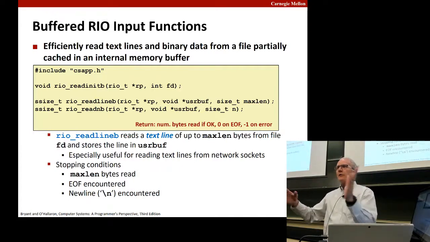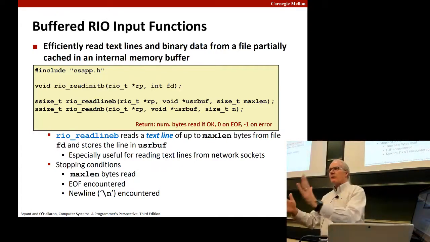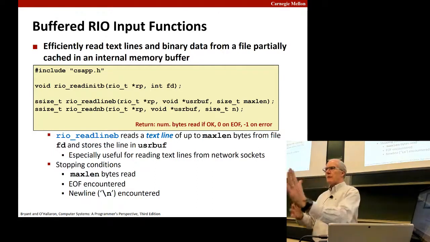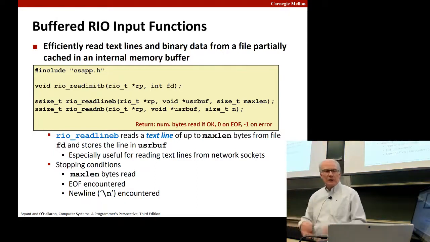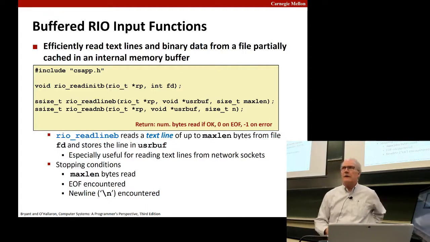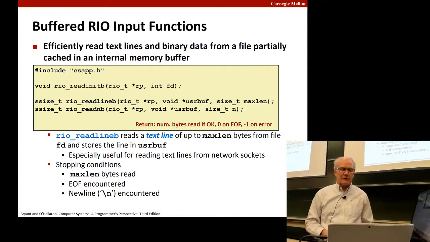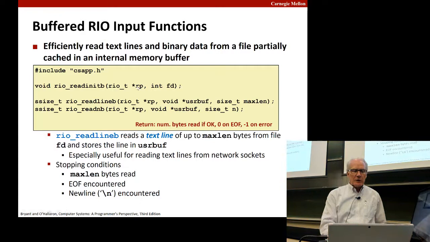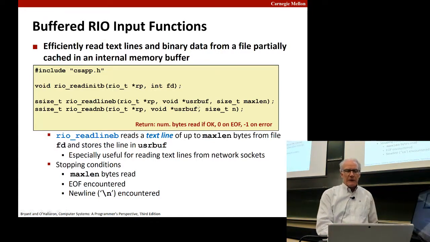And so somehow you have to keep track of where you are at the end of one line and the start of the next. So you can think of this as a more convenient version that handles some of that low-level stuff. It looks like a read, except it will stop when it hits a line feed.